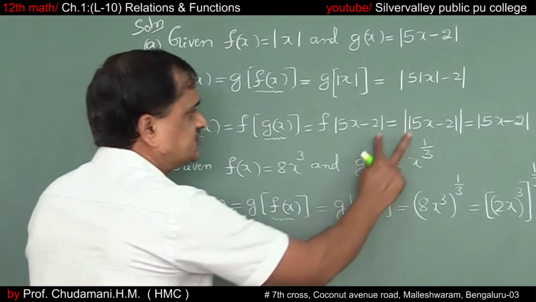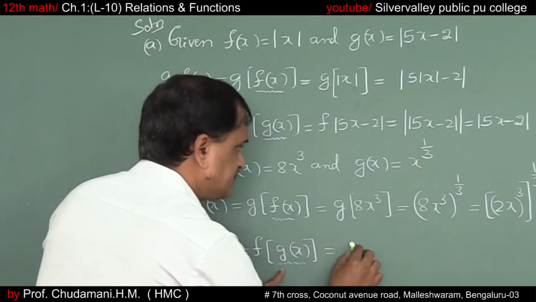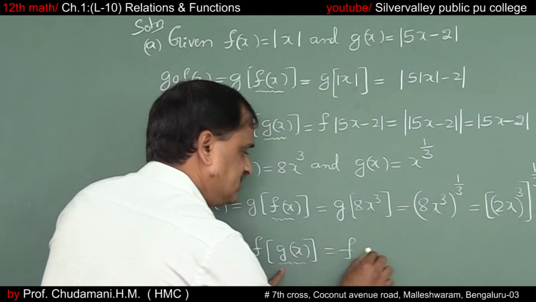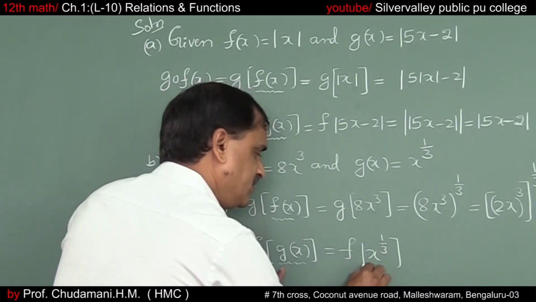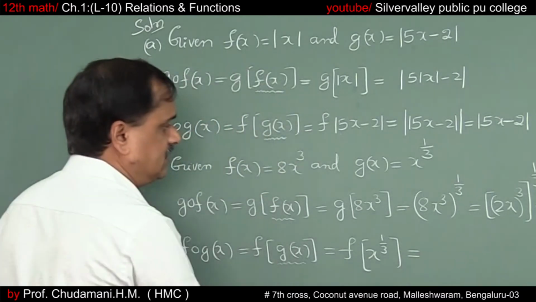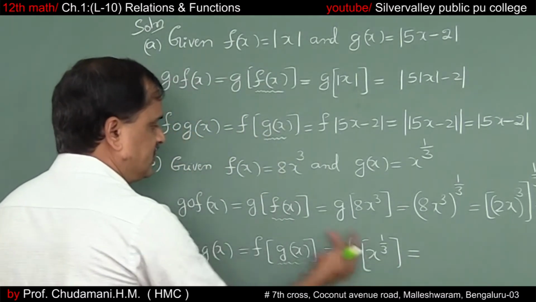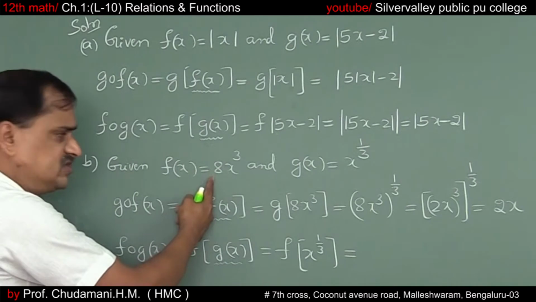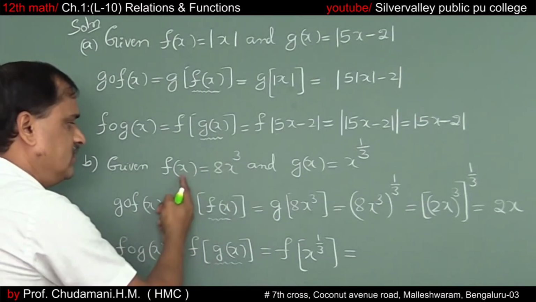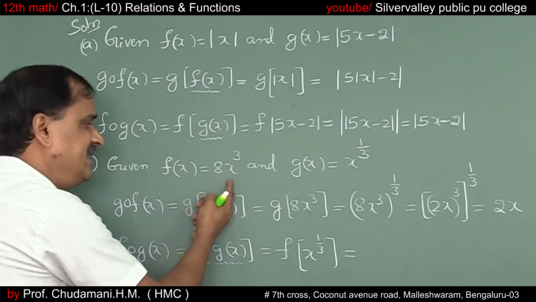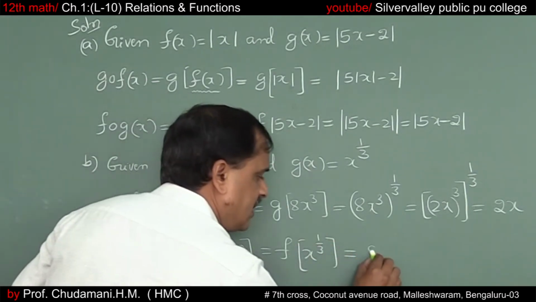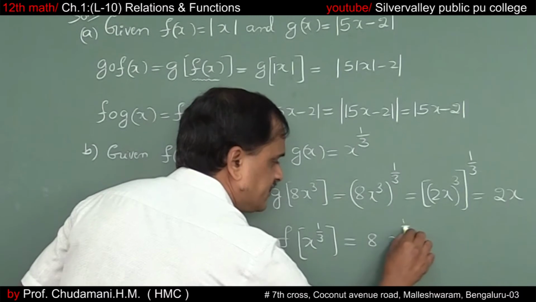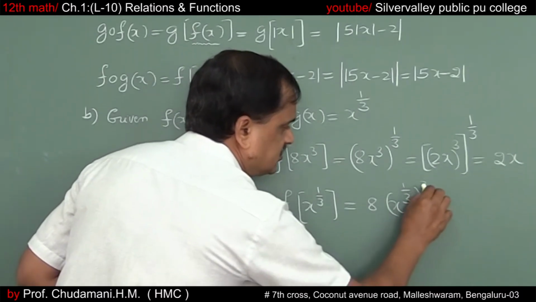So g of x is what actually? x power 1 by 3. That means f of x to the power of 1 by 3. This is of the form f of x. f of x means what? 8x cube. f of y means 8y cube. f of this means 8 into x power 1 by 3 the cube.